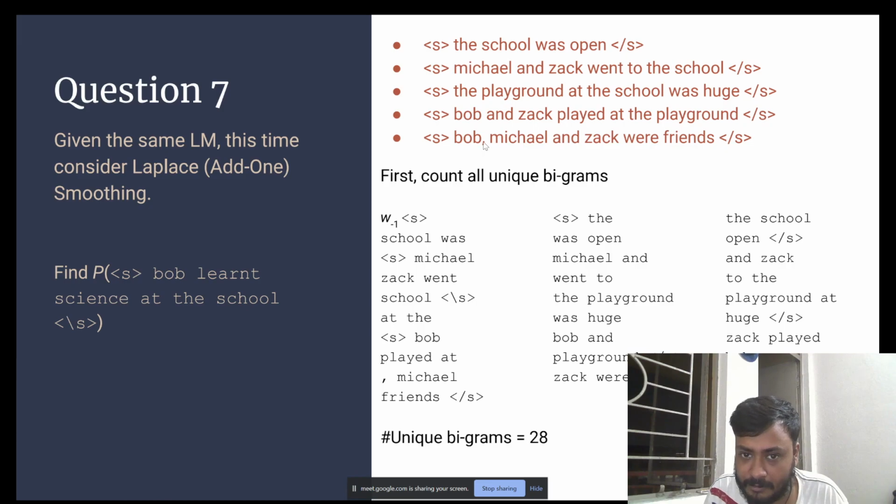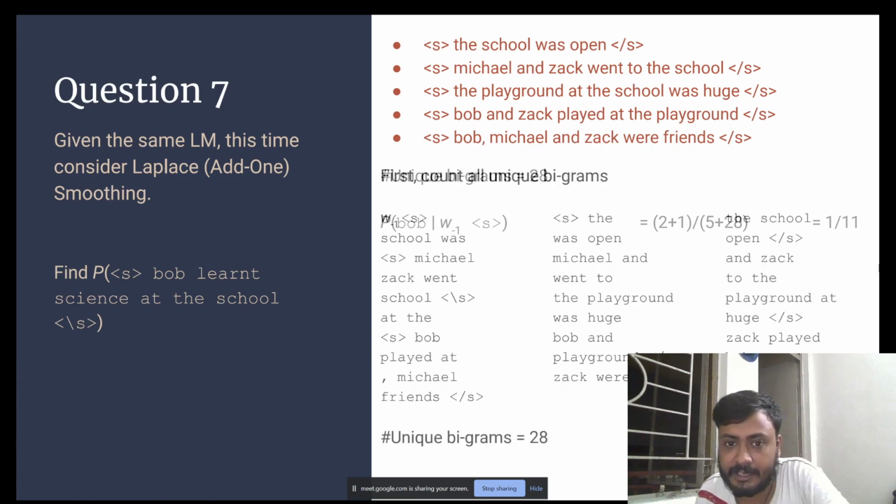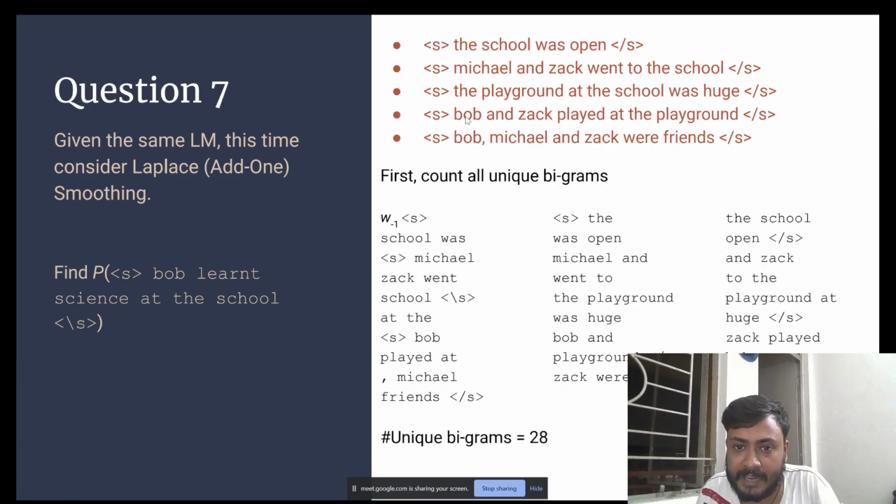So it's not like Bob comma becomes a new word. That is why we have unique bigrams 28. All right, so that is the vocabulary size.